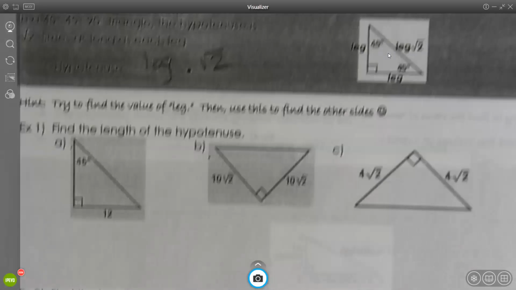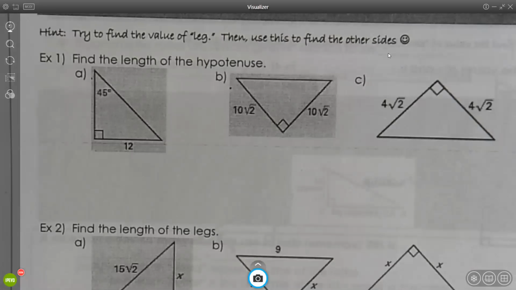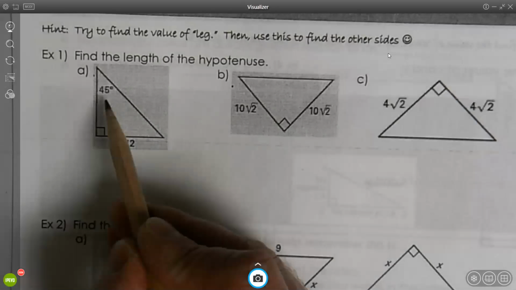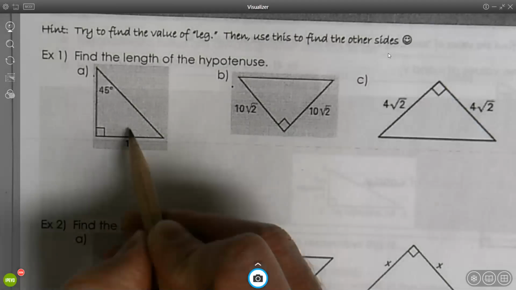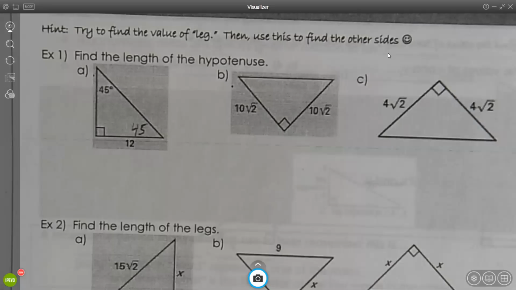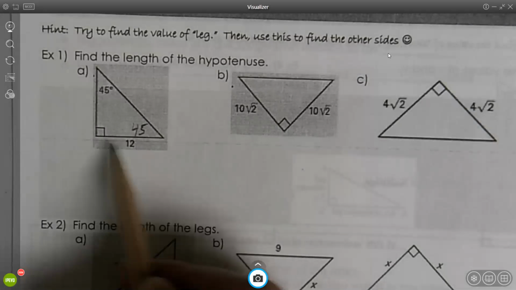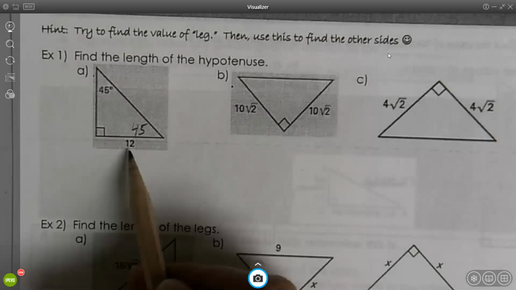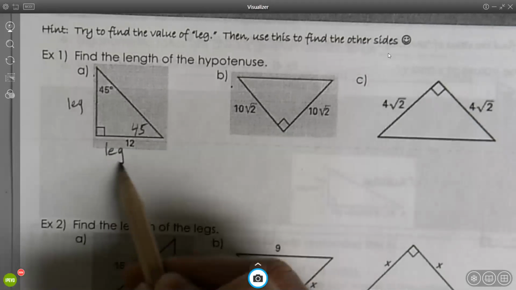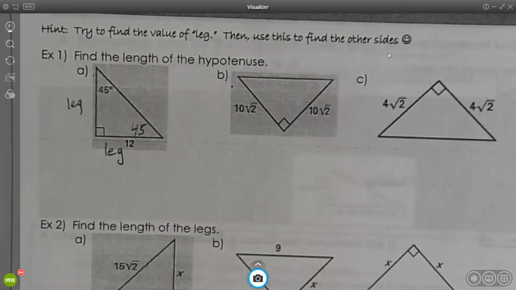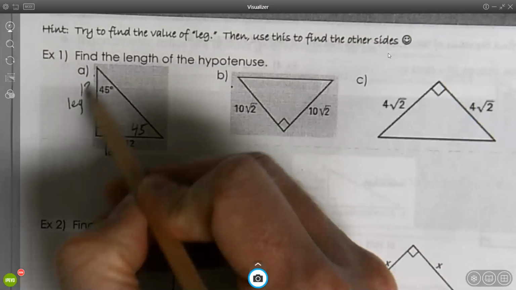In our first example down here, we're told that we have a 45-degree angle and a 90-degree angle. To add up to 180, this angle has to be 45. So yes, we have a 45, 45, 90 triangle. The legs, which are the perpendicular sides, are going to be the same in a 45, 45, 90 triangle, so this side would be 12 also.